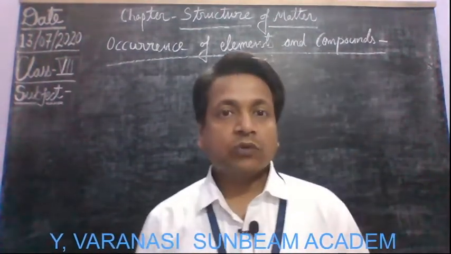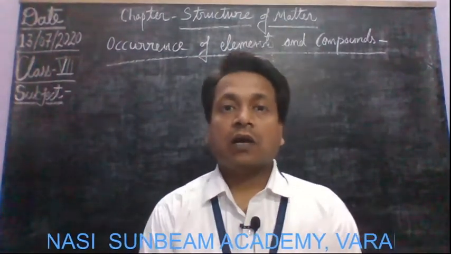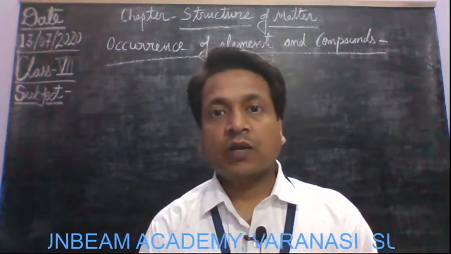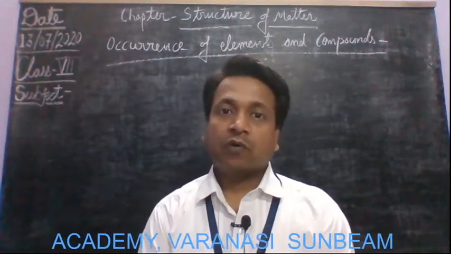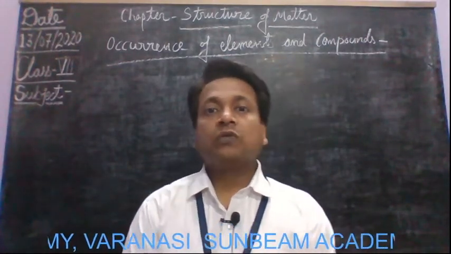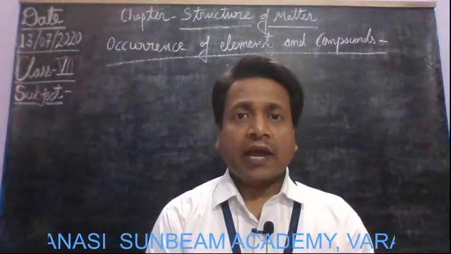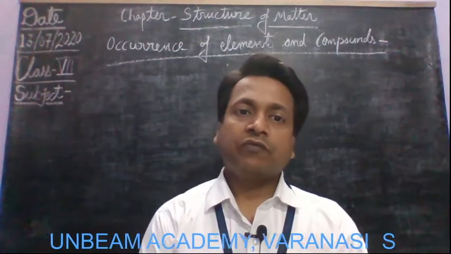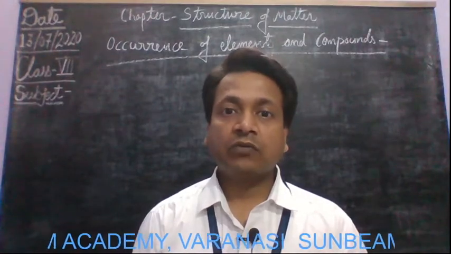As I already told you, the elements and compounds occur in nature in two forms. Some of them occur in free form and some of them occur in combined form, because some of the elements have a great tendency to combine chemically with others. That is why they are found in combined form. And some of them do not have this tendency, and that is why they are found in free form in nature. Now the examples of the elements which are found in free state.